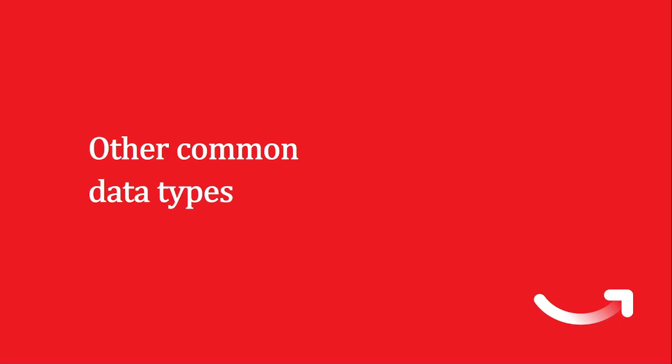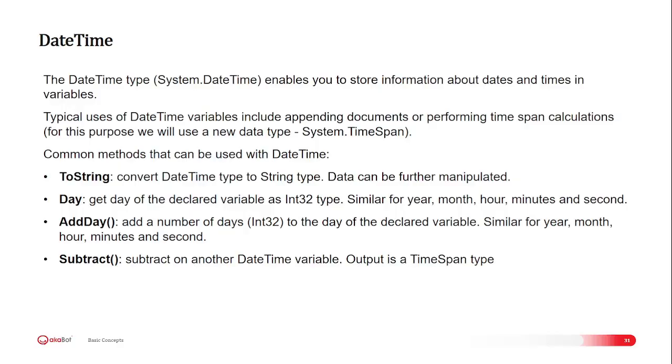Now, let's explore some other common data types and common operations you might encounter. The first one is the datetime type. The datetime type enables you to store information about dates and times in a variable. Typical uses of datetime variables include appending documents or performing time span calculations.